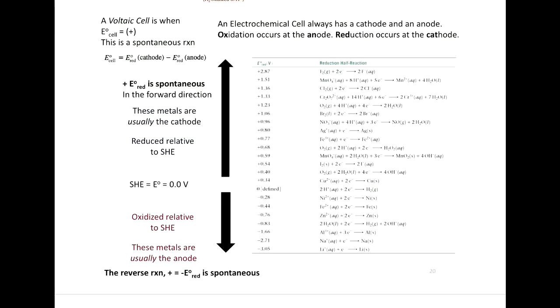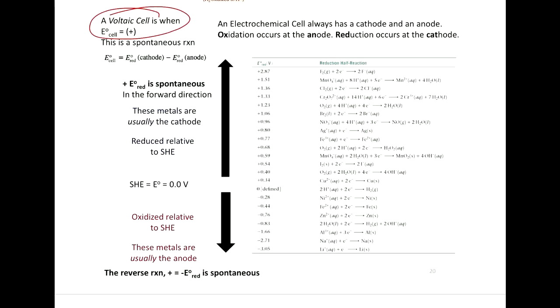And the reason is, one, it didn't follow the rule of the metal being higher on the activity series than the cation, but really it's because when we combine these redox reactions in such a way, spontaneous redox reactions will always have a positive E cell, total cell potential. So when I say cell, I mean both the reduction and the oxidation reaction happening at the same time.